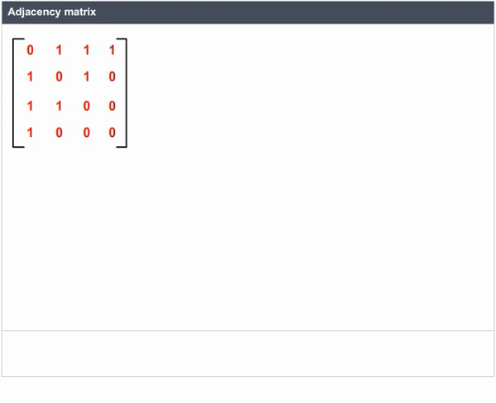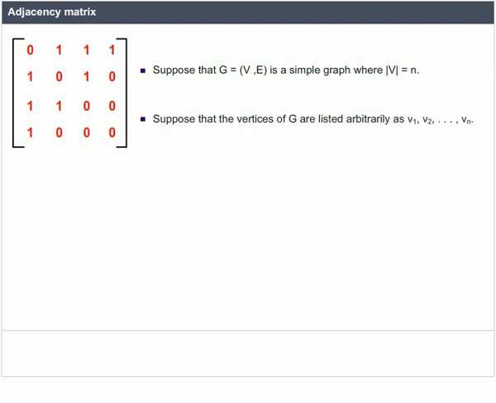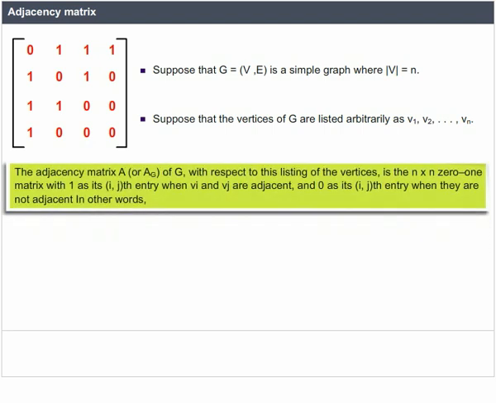Adjacency matrix. Suppose that G = (V, E) is a simple graph where |V| = n. Suppose that the vertices of G are listed arbitrarily as v1, v2, ..., vn. The adjacency matrix A or AG of G with respect to this listing of the vertices is the n by n 0-1 matrix with 1 as its (i, j)th entry when vi and vj are adjacent and 0 as its (i, j)th entry when they are not adjacent.